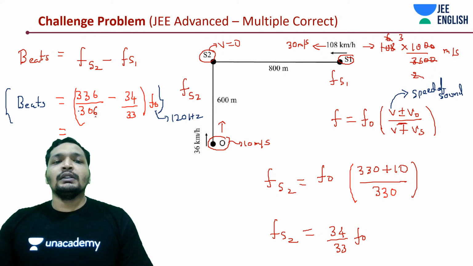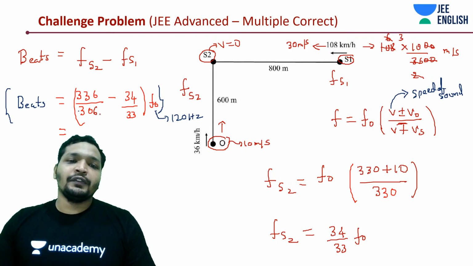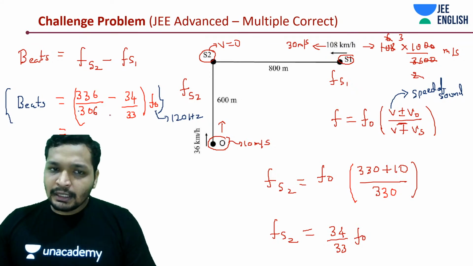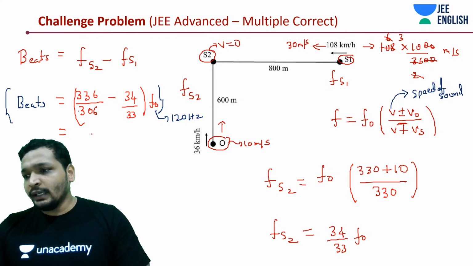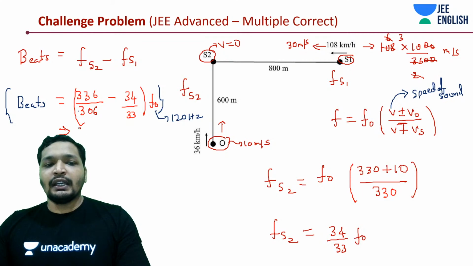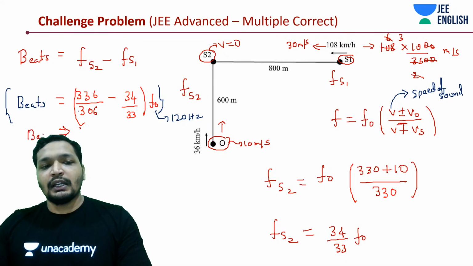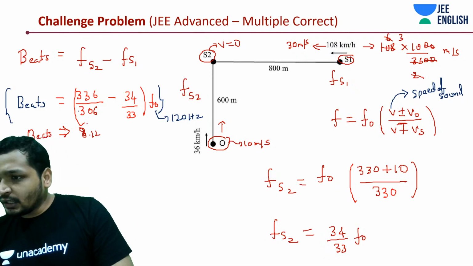This would be 56 and this would be 51. Still a little lengthier, and it's going to take a lot of time. Alright, so you can do this part of it. We don't want to spend time on this calculation part. You'd get beats as something like 8.12 and odd, like what Rohit stated.